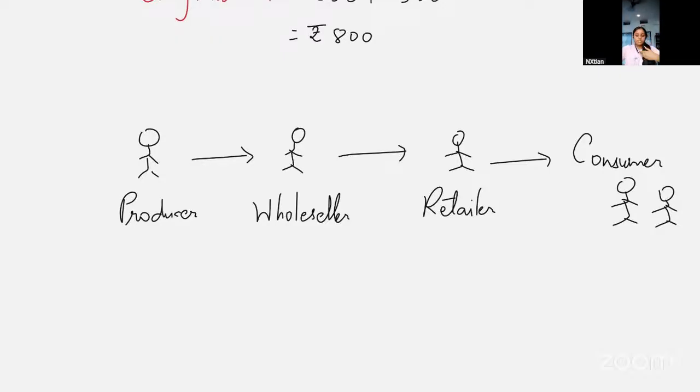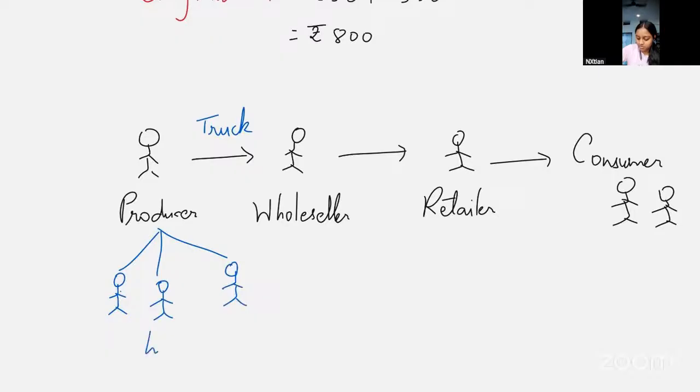Now, when the producer is selling to the wholesaler, suppose he sent it through a truck. Or when the producer is making something, the producer has three people beneath him who will make the goods, known as laborers.